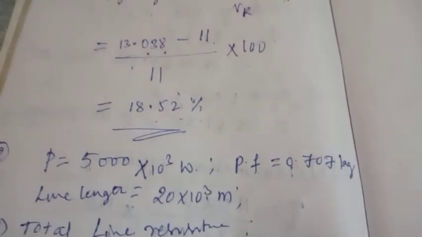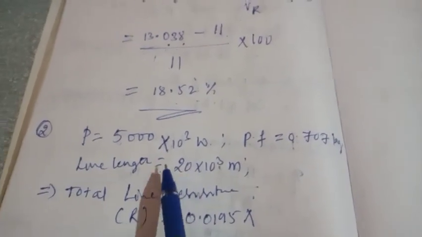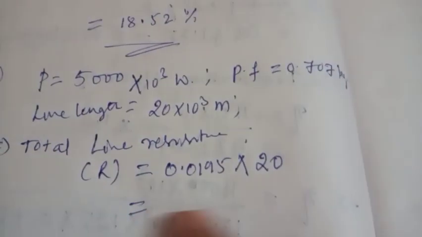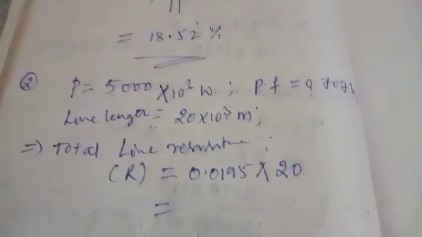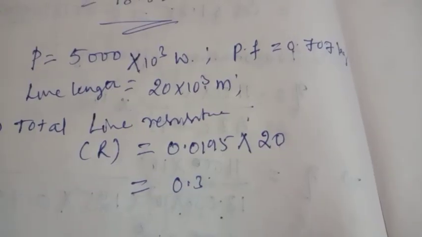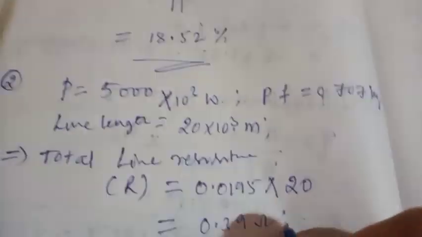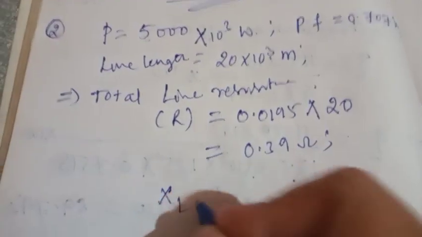How many kilometers are there? Total is 20 kilometers, so into 20. This is the total resistance of the complete line. It comes around 0.39 ohms.